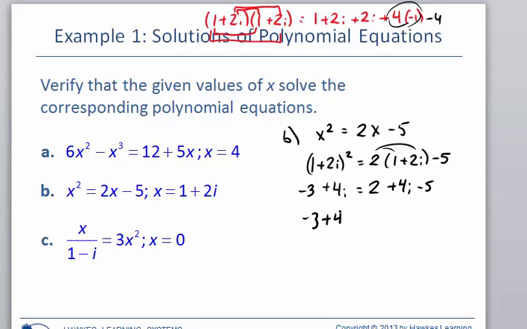So our left-hand side will remain negative 3 plus 4i, and our right-hand side will become 2 and negative 5 makes negative 3 plus 4i. So again, we have a true statement, which means that 1 plus 2i is a solution to the equation.